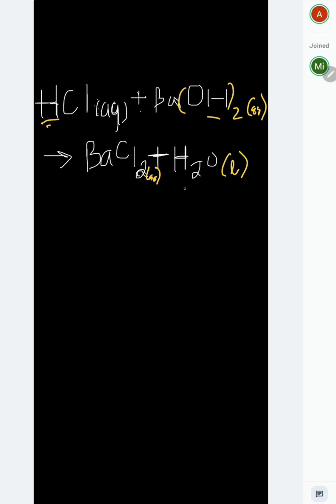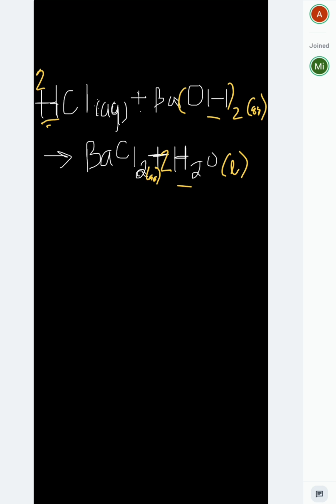So you have 2 here, so you can make it 4. Yeah, you put 2 here, so in the reactant side you have 4 hydrogen, so you should have 4 in the product side. Okay, I think that one is already balanced.